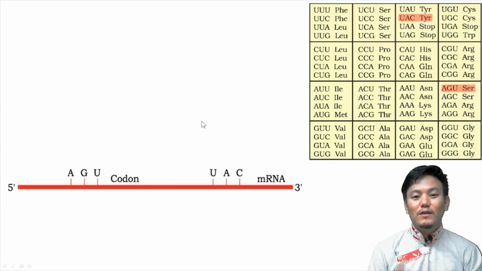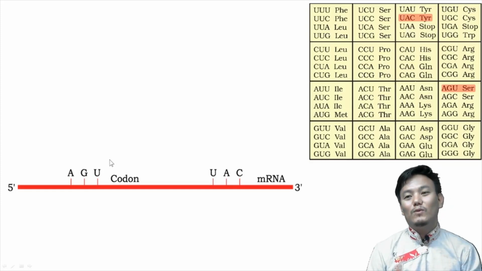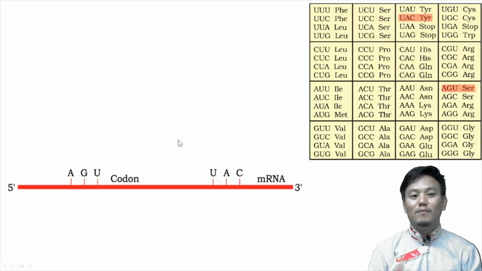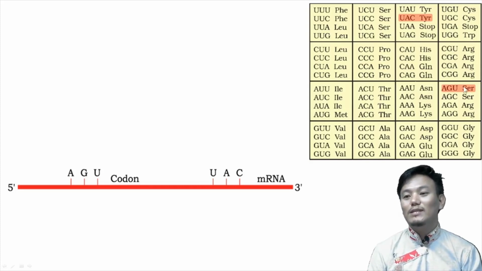Now, who reads this particular codon? Who is responsible for binding the amino acid in this particular sequence by reading the codon? It is not the amino acids themselves that read the codon. Amino acids don't have the structural speciality to read the codons, right? It needs help.